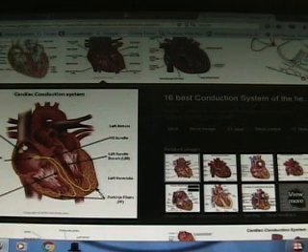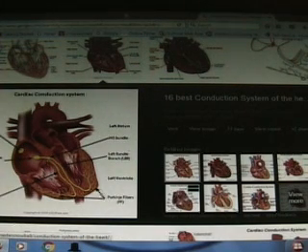Okay? Now every week, or every lecture, we're going to focus on a new problem. Today, Chapter 6, we're going to focus on the problems that occur in this region. So the pacemaker, your SA node or sinoatrial node, has a problem, or that area of the heart is diseased, and it's going to affect the electricity.